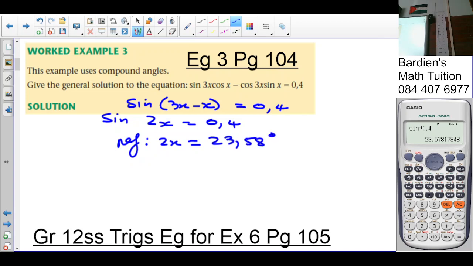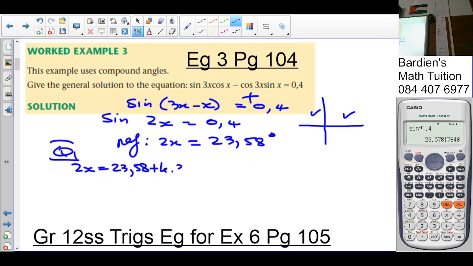So what question comes to mind? In which quadrant is sine positive? First and second. So let's go with quadrant 1. How do we go into quadrant 1? 2x is equal to 23,58 plus k times 360.